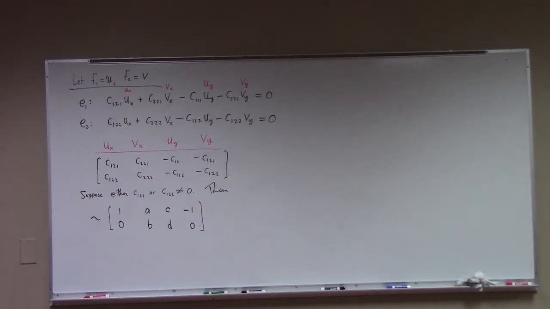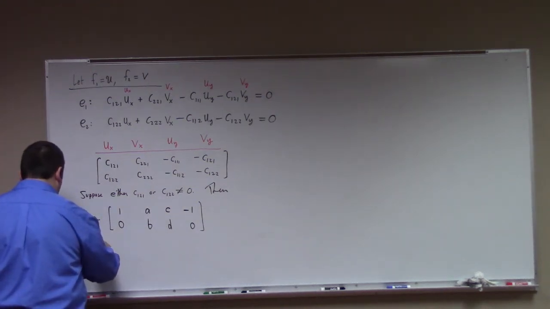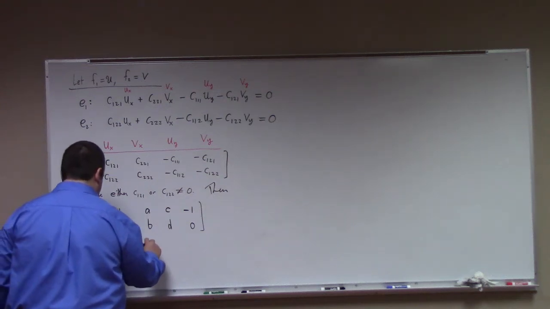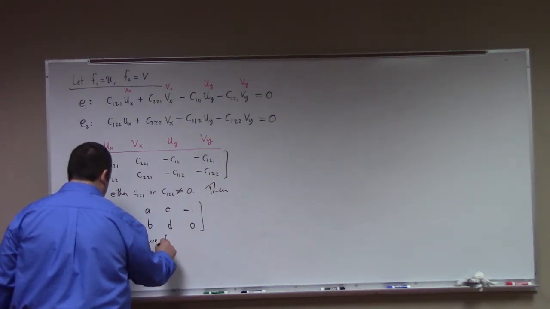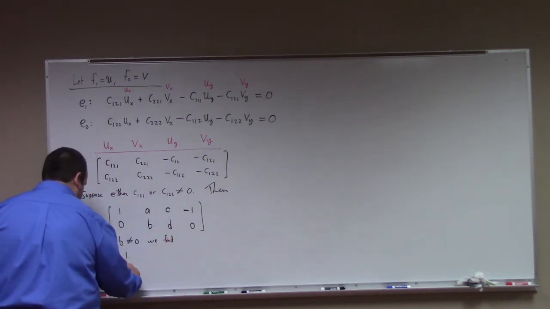And then what does he say? He says, continuing, if B is not equal to 0, then what can you do? That's equivalent to what? 1, 0.